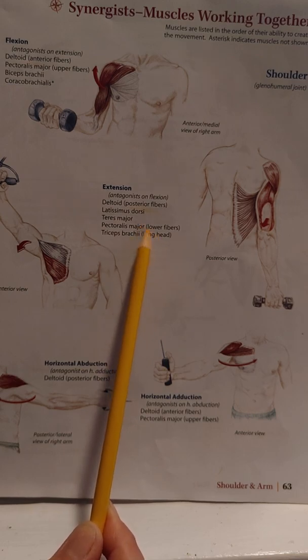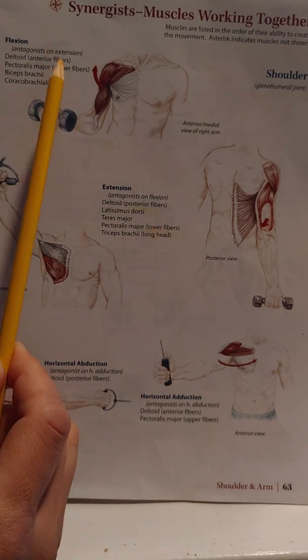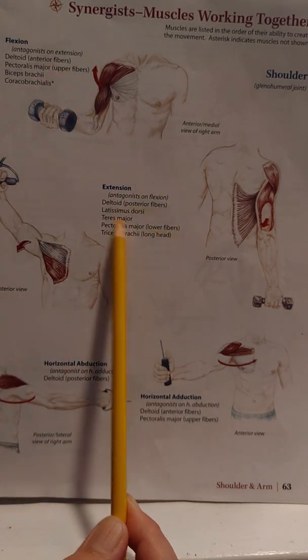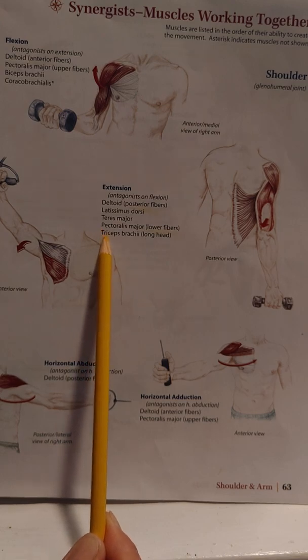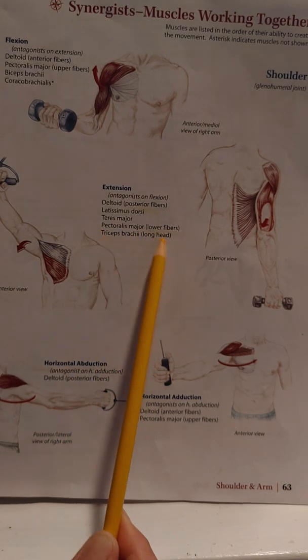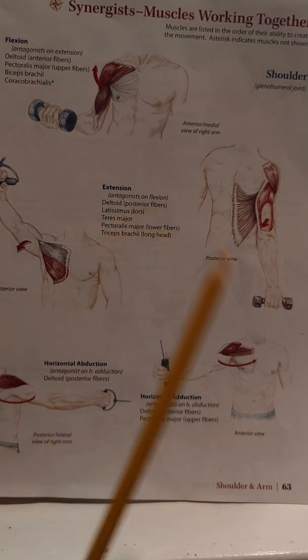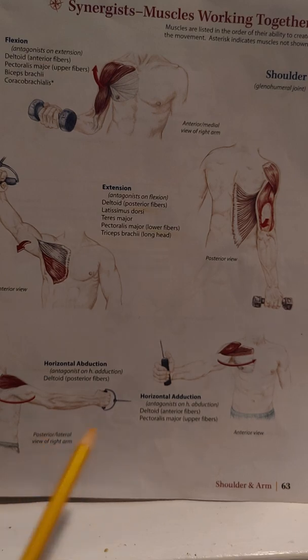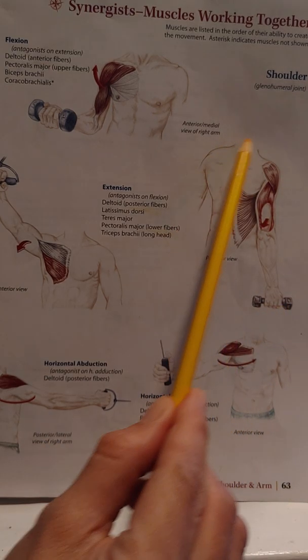Same with pectoralis major here, lower fibers against upper fibers. And the biceps brachii against the triceps brachii, the long head. Okay, keep in mind only the long head. So we also have the teres major and the latissimus dorsi. So we're going to go ahead with the posterior view here.